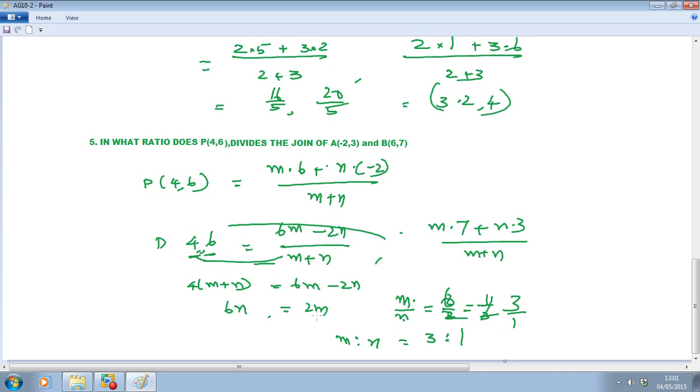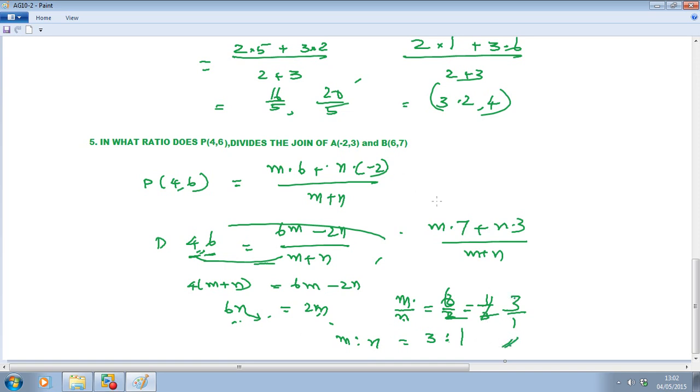Divide both sides by 2N, then we get M by N is equal to 3 by 1.